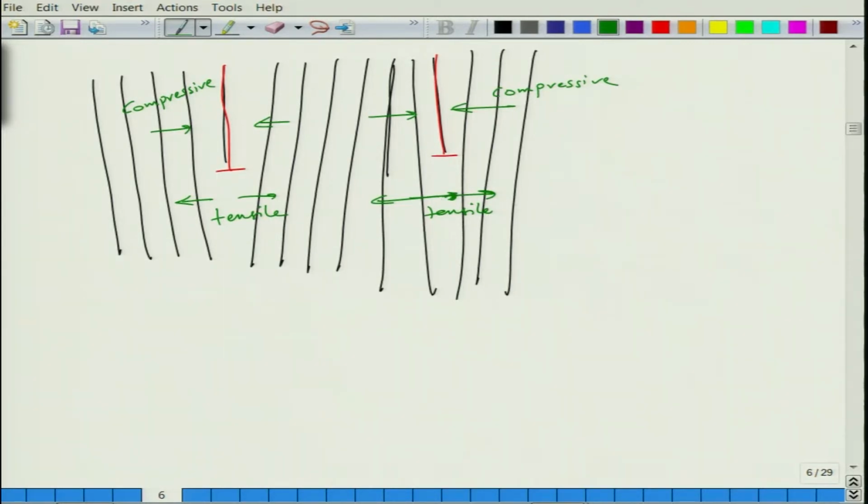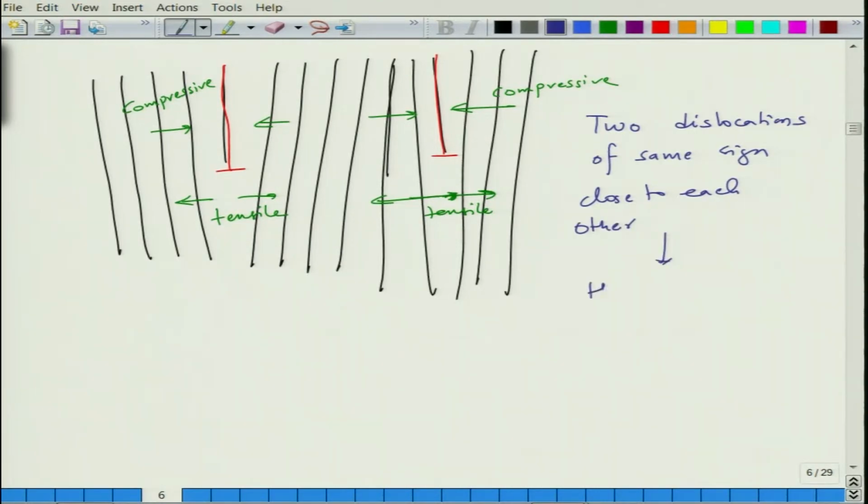So, when you have two edge dislocations of the same sign close to each other, they repel each other, because the stress fields are similar.